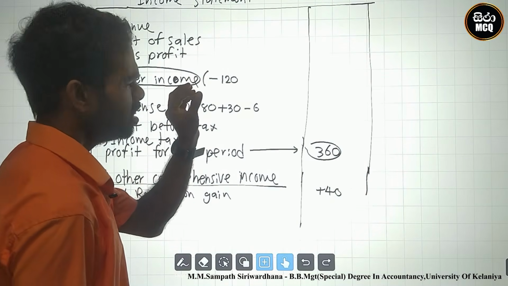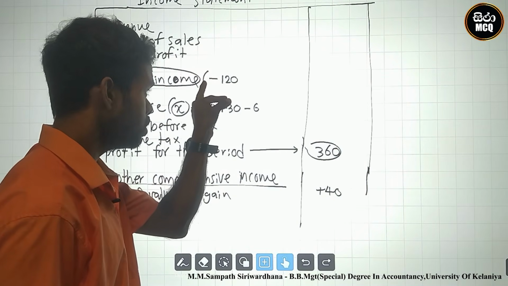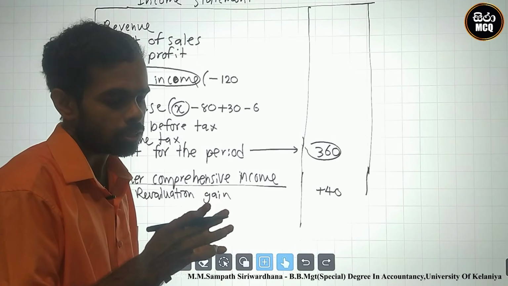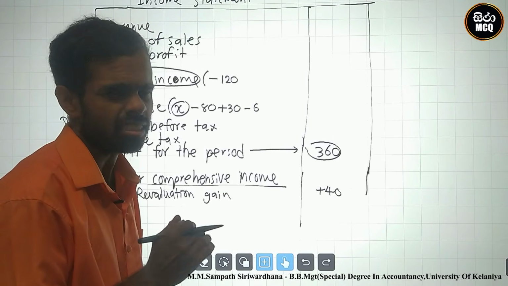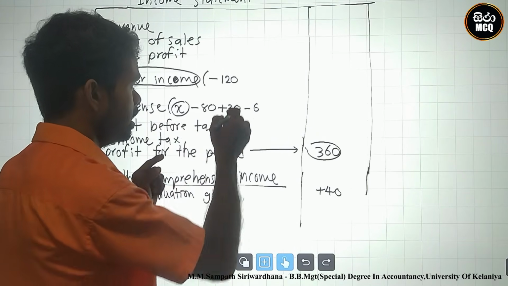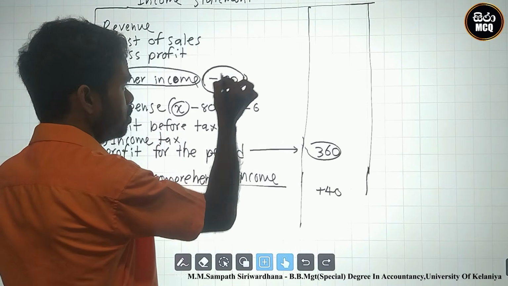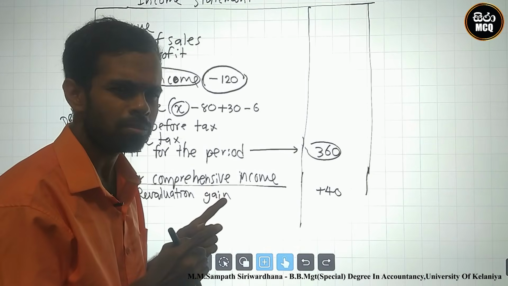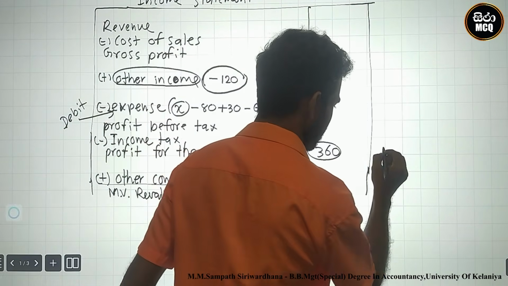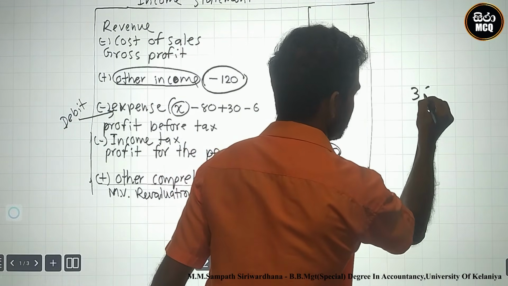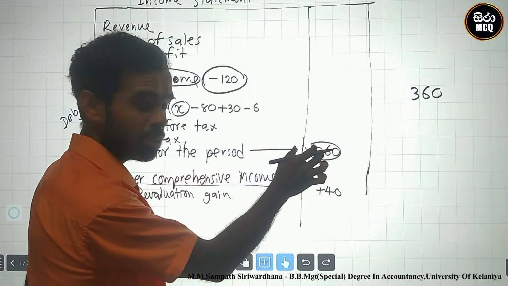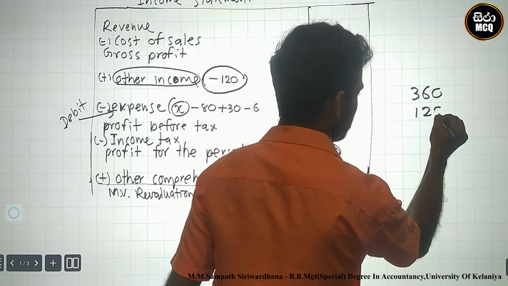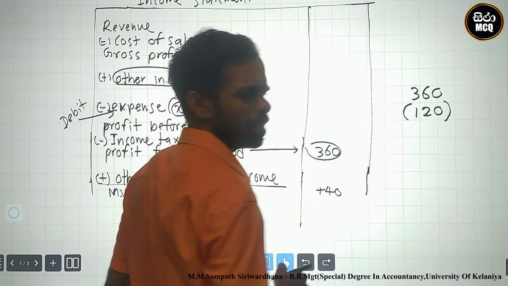Other income was deducted. At the error correction, other income was eliminated. At the deduction of other income, profit must be deducted. Therefore, 360 is the current situation now. I deduct 120. This is the elimination of income.